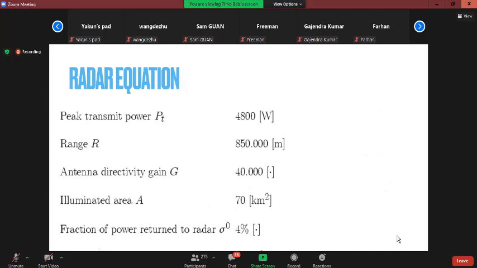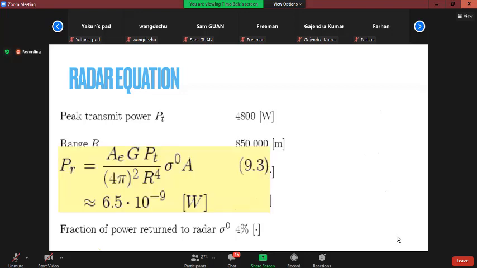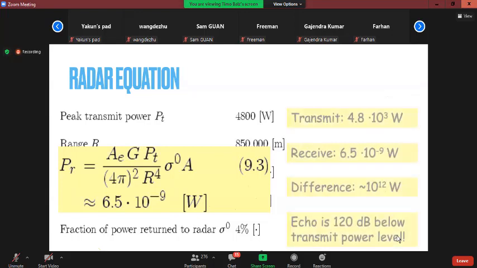We say about 4% of the signal is returned back to the radar. You see that's not much. And we have an antenna area of 10 square meter. What we then get back as received power is 6.5 times 10 to the power of minus 9 watt. So you see we only get a little bit of energy back.